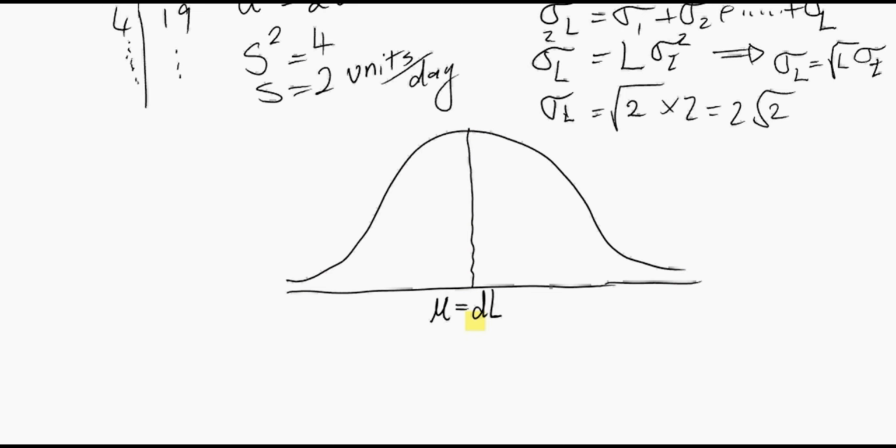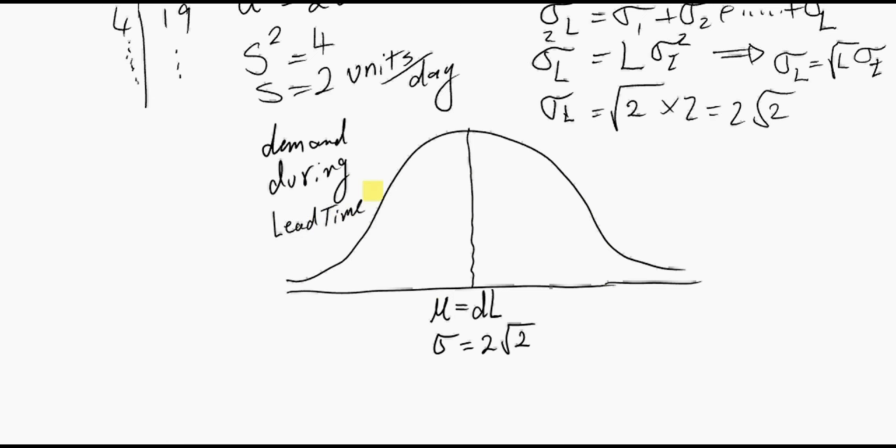But we know that it can vary, and we know that the standard deviation of these variations during the lead time is 2 square root of 2. This is the demand during the lead time, during waiting for the lead time to end.